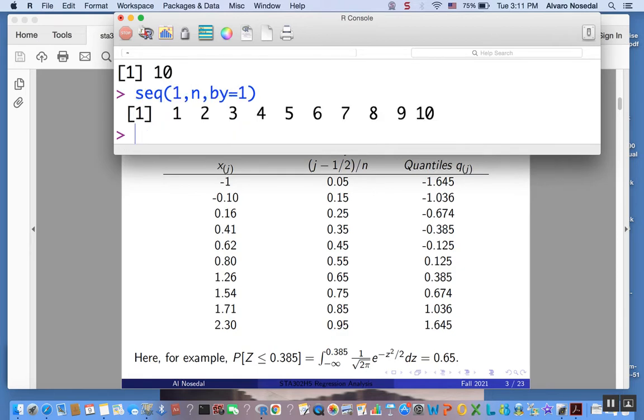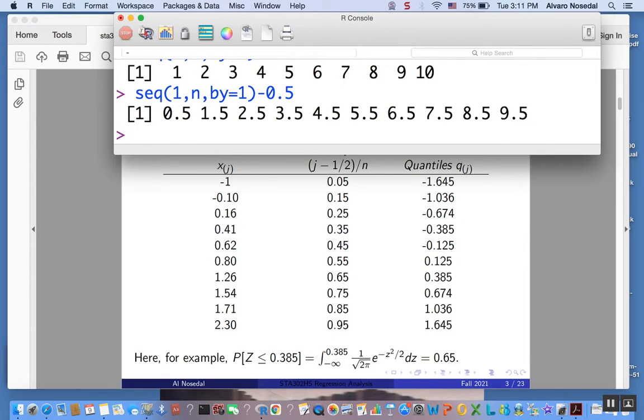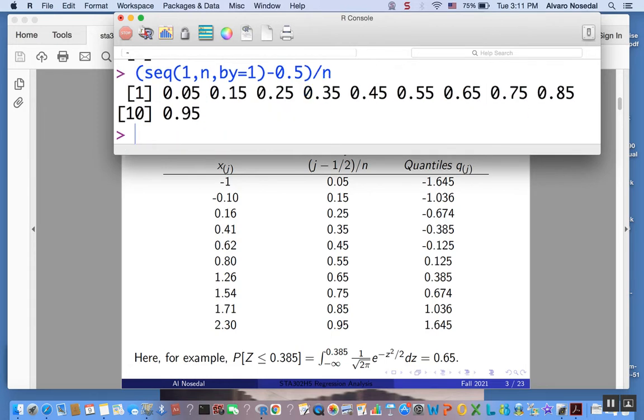Okay, and then I'm going to subtract that 0.5, and then divide that by 10 or n, something that we already had, the length, the number of observations, the sample size.